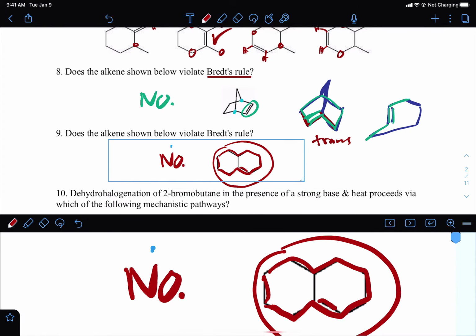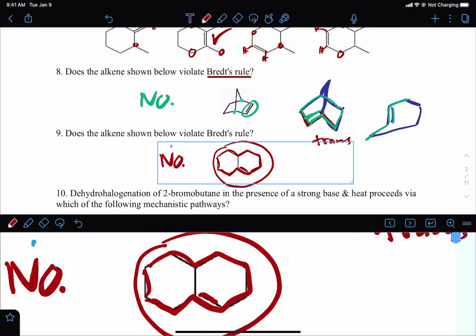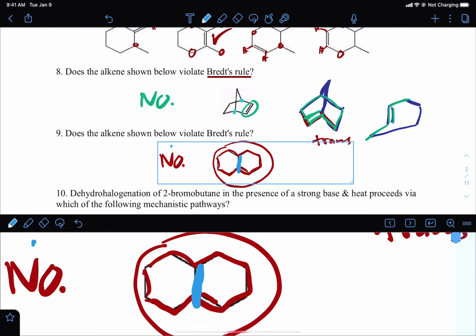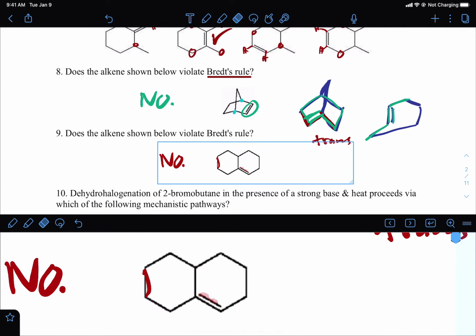Okay. Whether you want to think of it as being just like a bridged bicyclic molecule, but we've got more than 8 carbons, so it's okay. Or you can say, well, it's not a bridged bicyclic, so it can't violate Bredt's rule. That's fine too. Either way you want to think about it, it works. So that does not violate Bredt's rule.